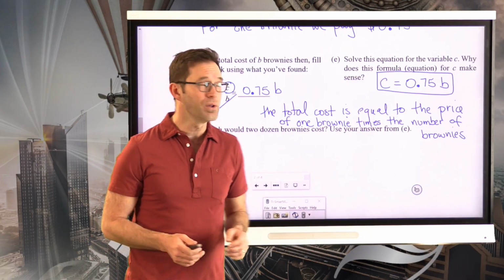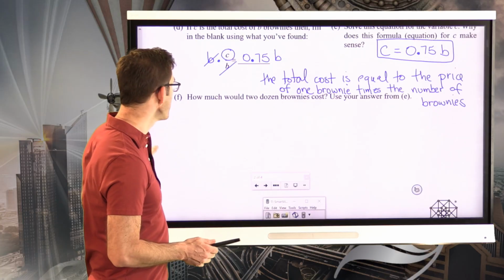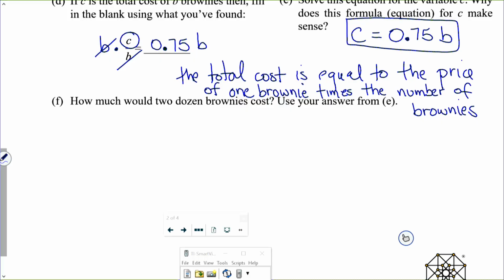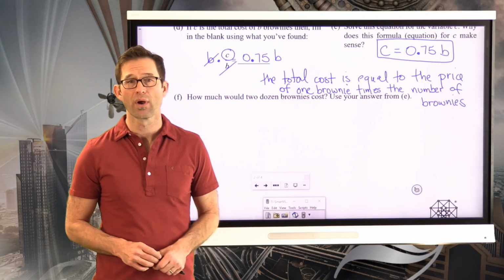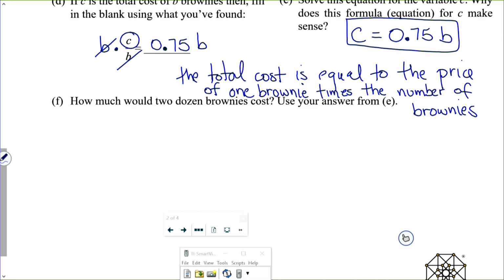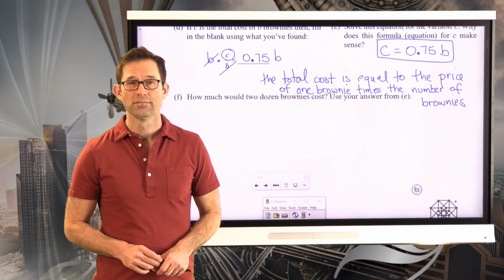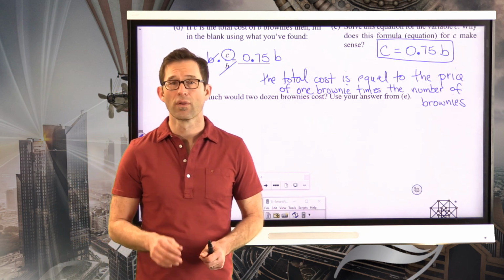In fact, let's use that now in letter F, where it asks how much would 2 dozen brownies cost? Use your answer from E. Take a second and figure out how much 2 dozen brownies would cost. Well, one thing that we always have to be careful about is units.